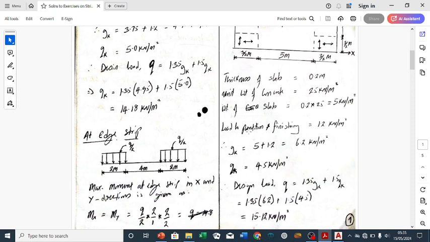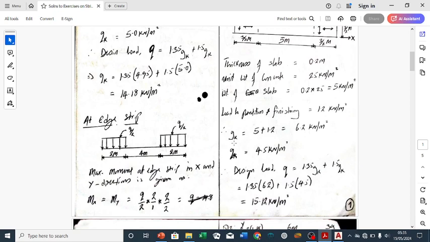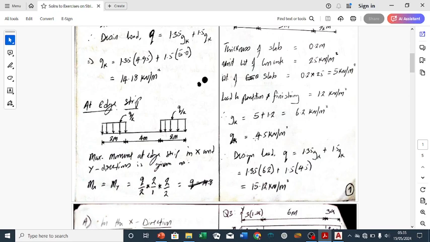We were told that the load due to partition and finishing is 1.2. If you add the two, GK equals 5 plus 1.2, which is 6.2 kilonewton per meter square. And our QK, we were told that the characteristic variable action is 4.5 kilonewton per meter square.